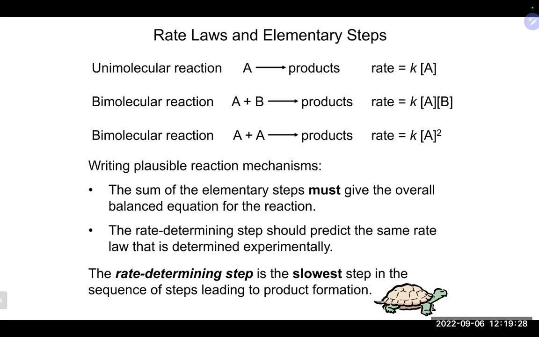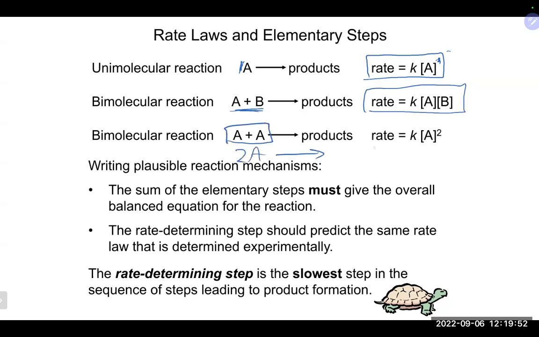So for example, here, if I had A goes to products, I could write a rate law for this step, which would be the rate is equal to k times A. Basically, the coefficient here is 1. We could use it as a 1 here. The second one here, A plus B, could give us a rate law of k times A times B. And this right here is basically 2A going to products.